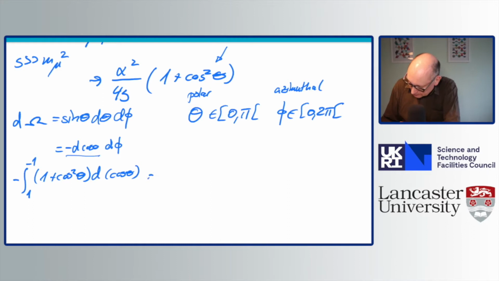Now, this we can write as minus the integral from 1 to minus 1 of 1 plus x squared dx.